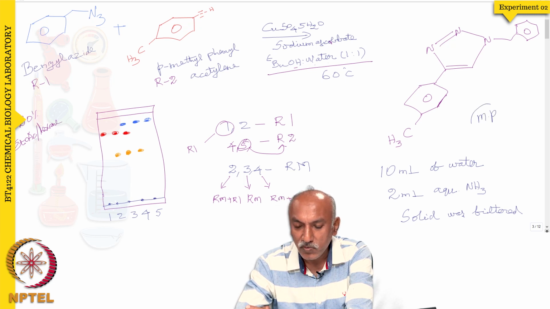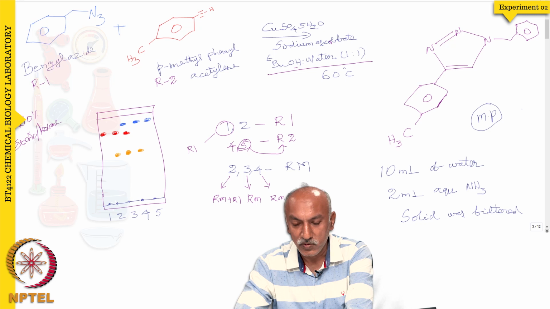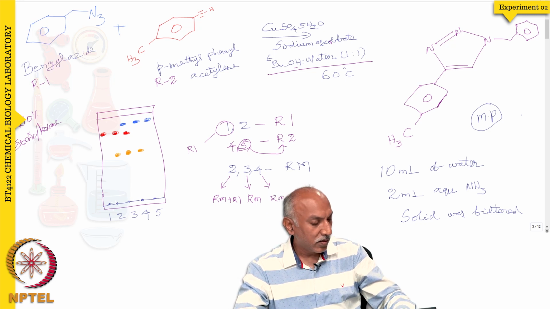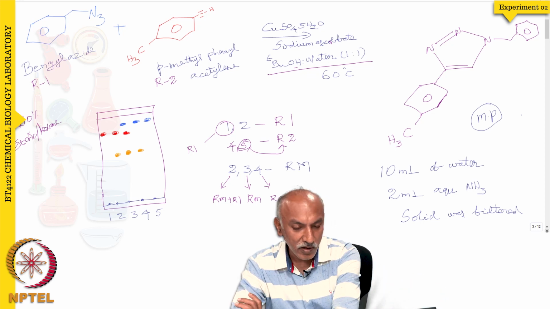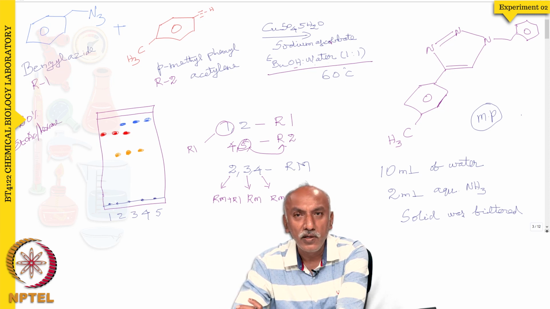Because most of the compounds are known compounds, by checking the melting point you will find out the authenticity of the compounds. You can filter it and air dry it overnight, and all of you know how to calculate the yield.